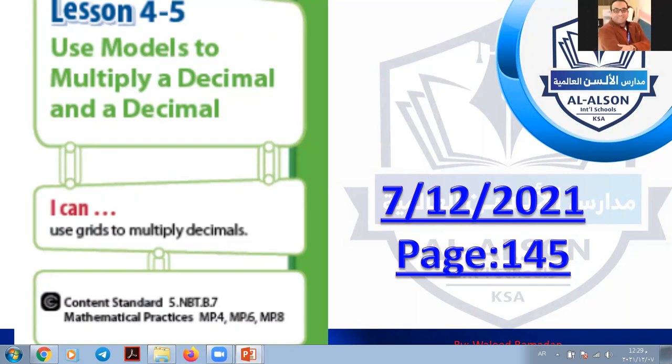Very good, Abdullah. If you remember the last lesson, 4.4, which we studied yesterday, we were talking about multiplying a decimal by a whole number. Both lessons are talking about multiplication.